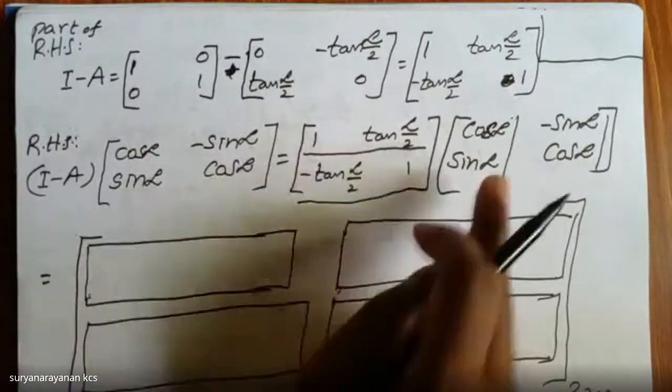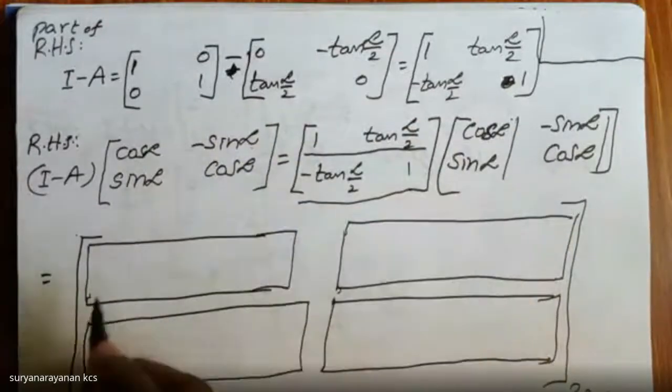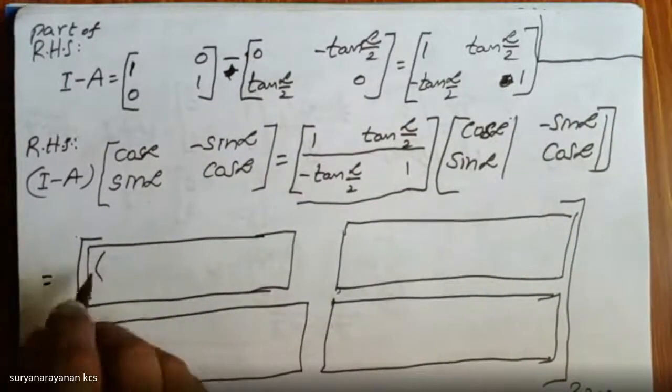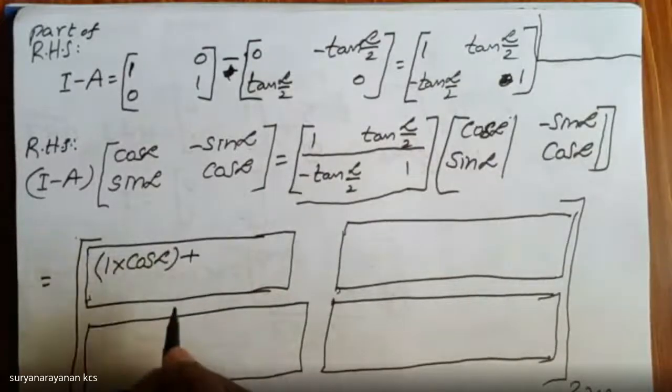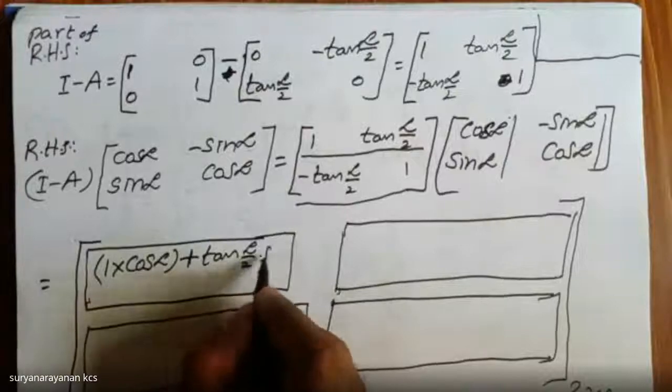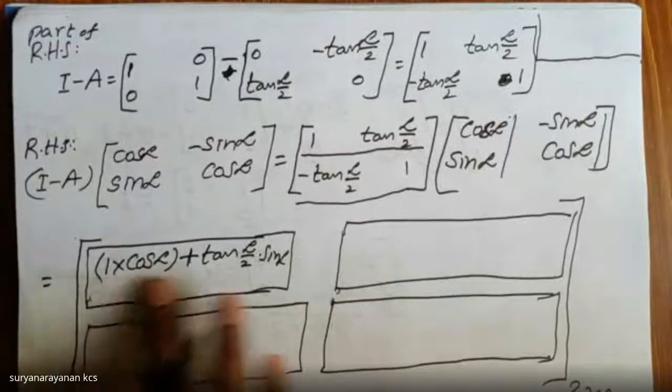Now, how do you multiply? First row, first column: 1 into cos alpha plus tan alpha by 2 into sin alpha. This is the first element.